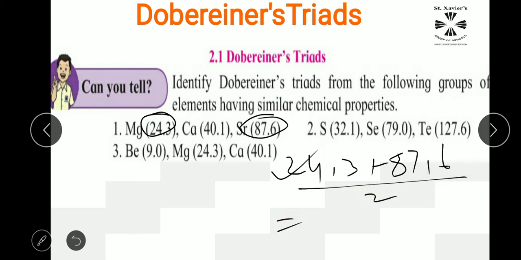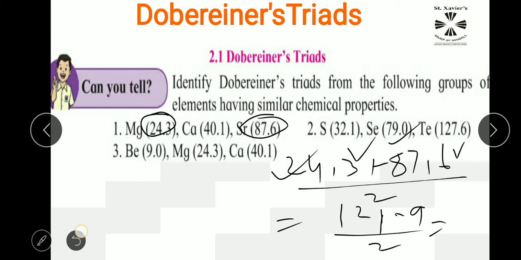When we add this, 6 plus 3 is 9, the point is as it is, 8 plus 4 is 12, write 2 and 1 is left, 8 plus 2 plus 1 is 12.